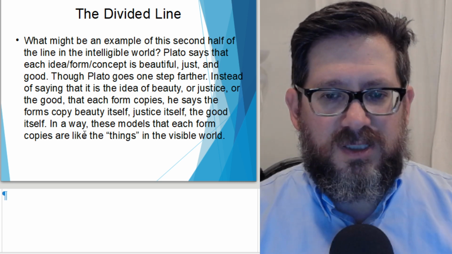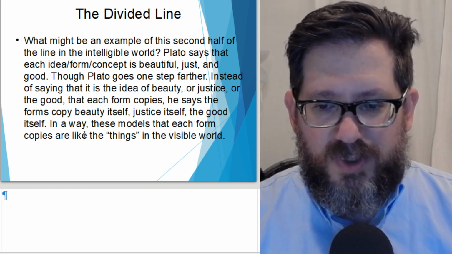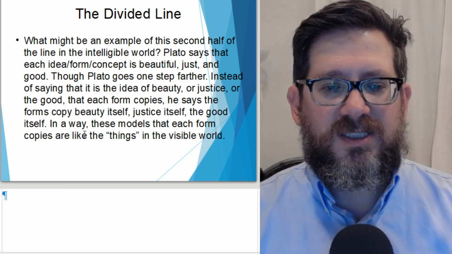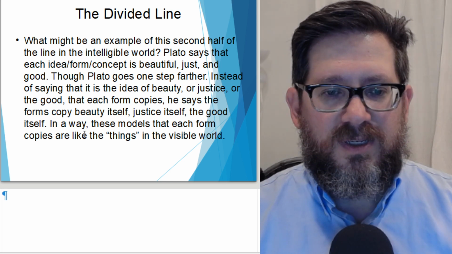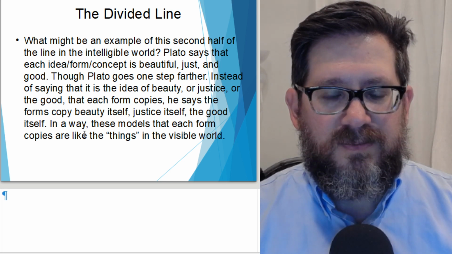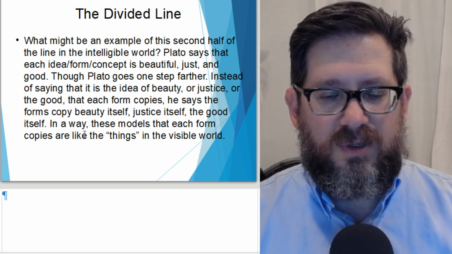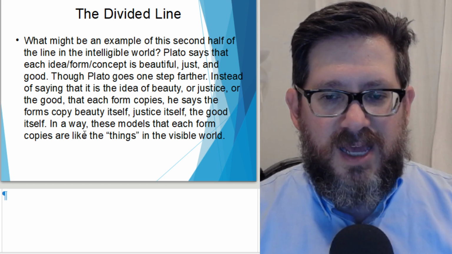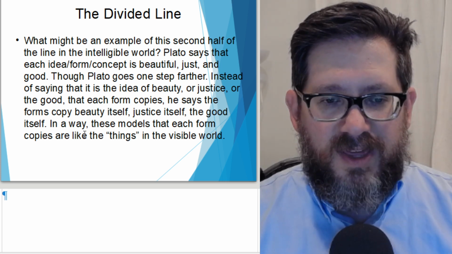Beauty when it's completely detached from all these beautiful things we see. We're just talking about beauty itself. So that the higher order is not just an image of something, it's the thing itself.